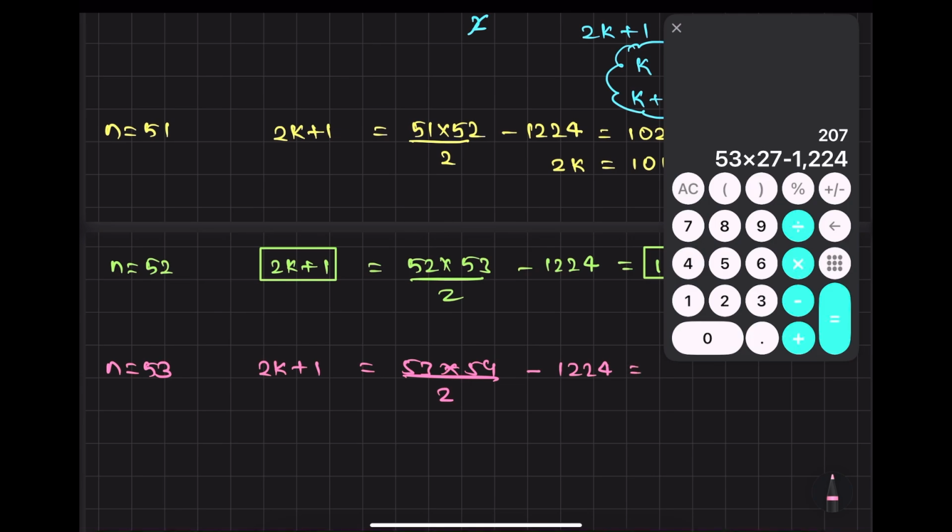So we got 207. So 2k plus 1 equals 207. So k will be equal to what? This one will go to that side, so it will become 206. So k is 103. Okay. So k plus 1 will become 104.